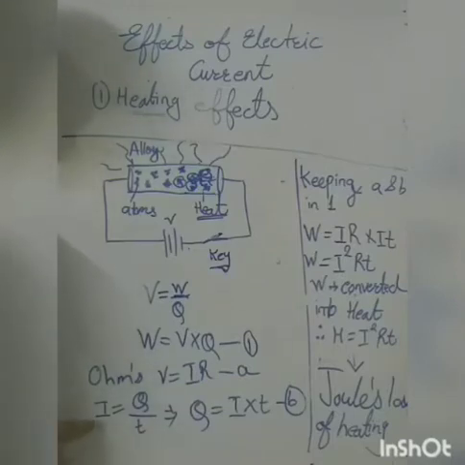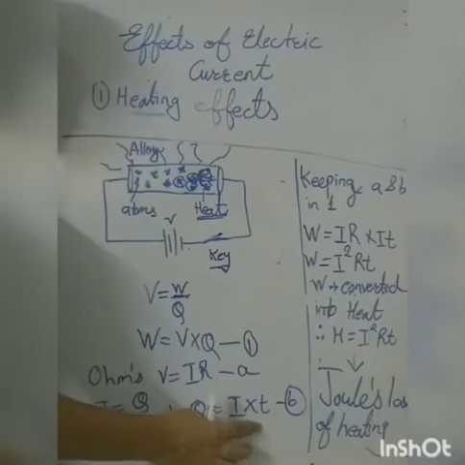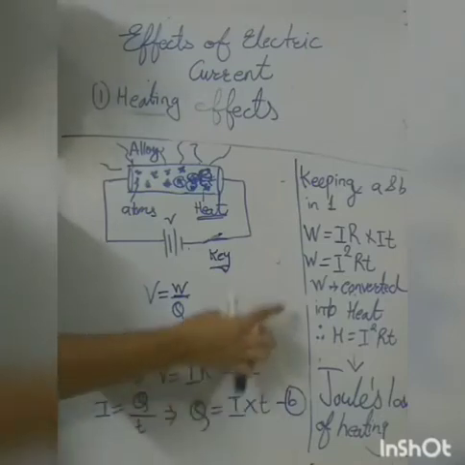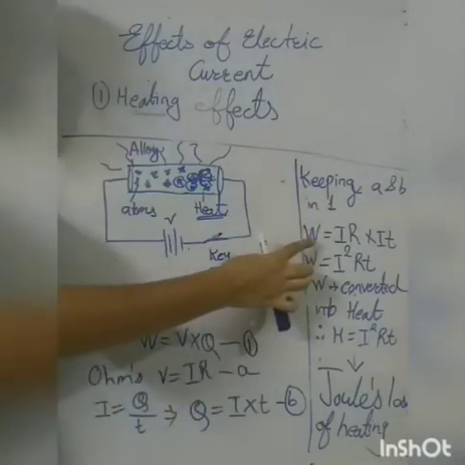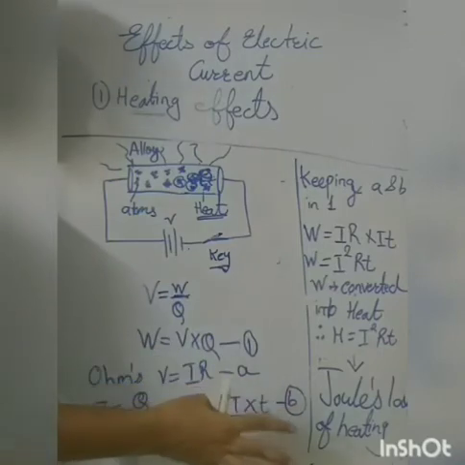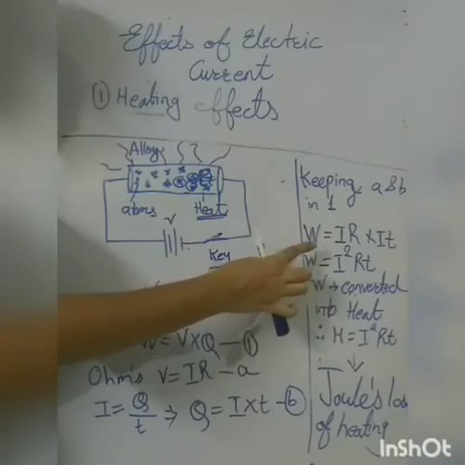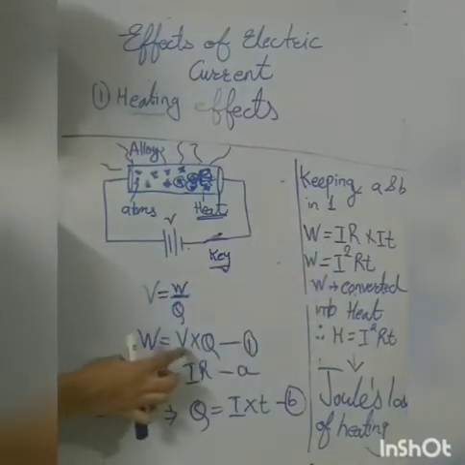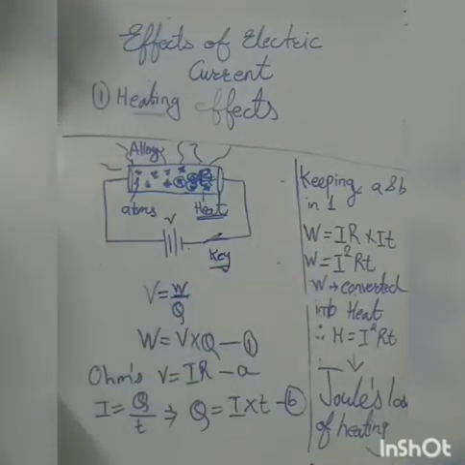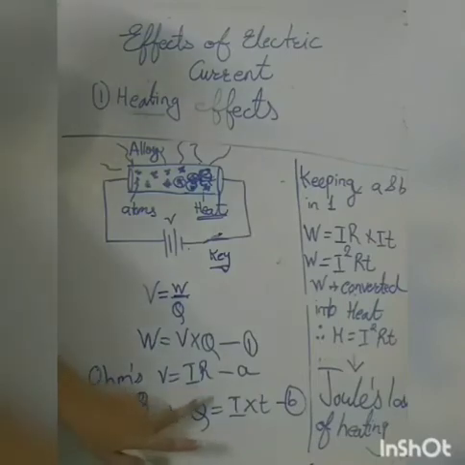You also know current is nothing but flow of charges, that is charge per unit time, so I equals Q by T. From here you get Q equals IT. Keeping equations A and B in your equation 1, W equals VQ.